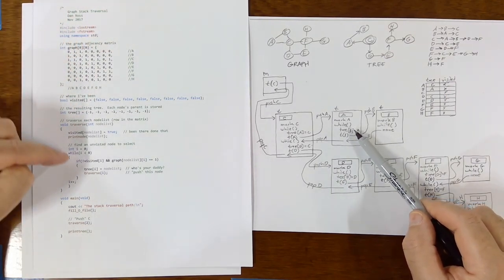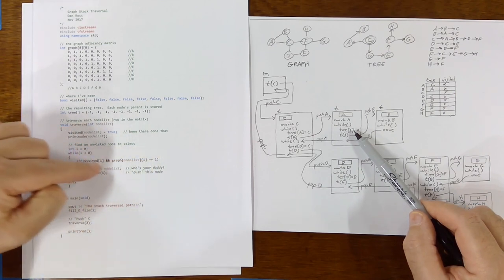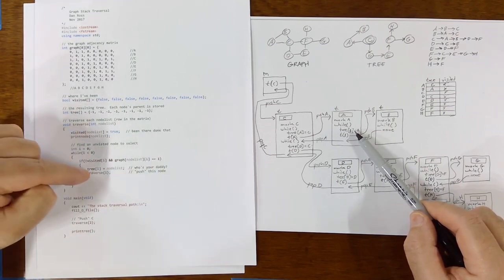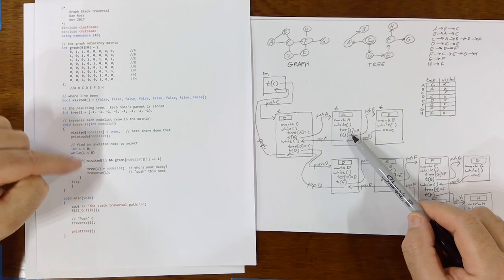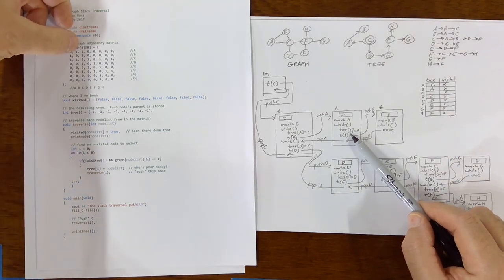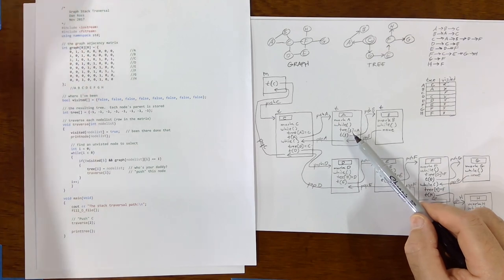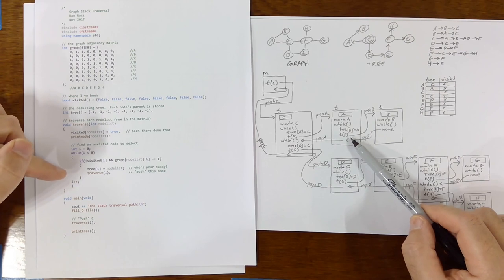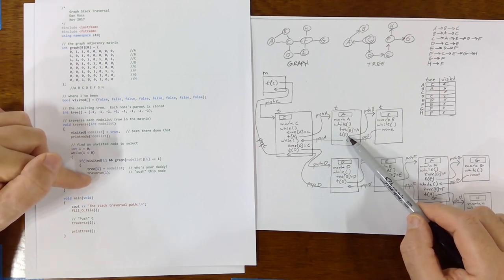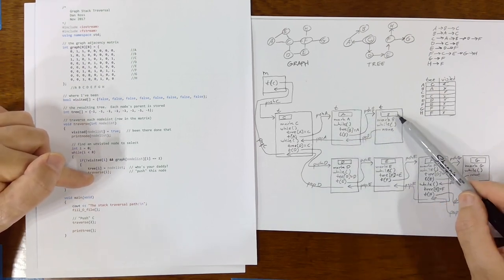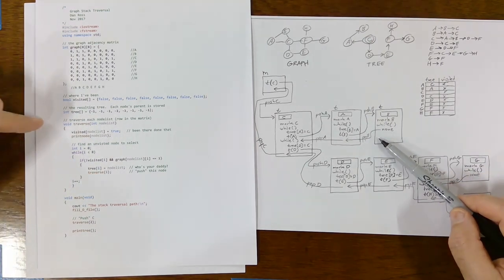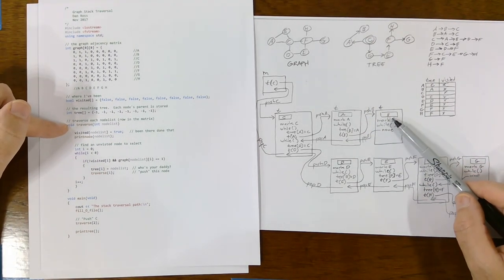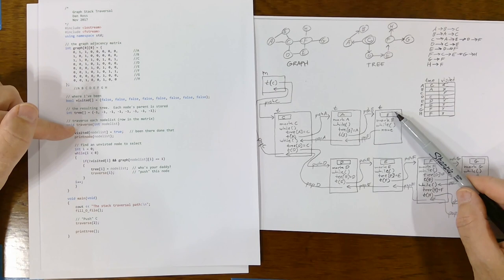That's this logic. We find that B is an unvisited neighbor of A. So we push B by calling traverse. So we get another instance of traverse. That is, we're coming back into this function again for B, right?